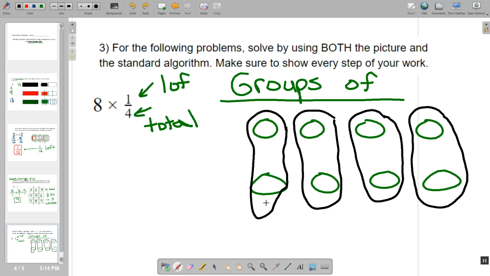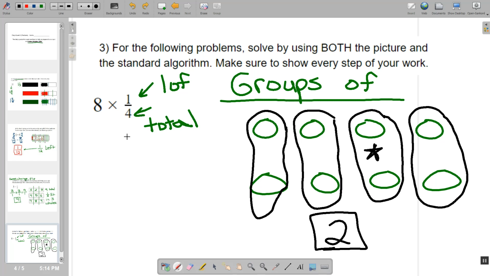One of the 4 groups, I can pick any of them. Let's pick this one. Means that there are 2 total. So a 4th of 8 is equal to 2, because we had 4 total groups, one of the 4 groups is equal to 2.